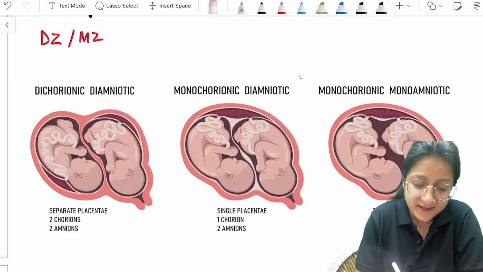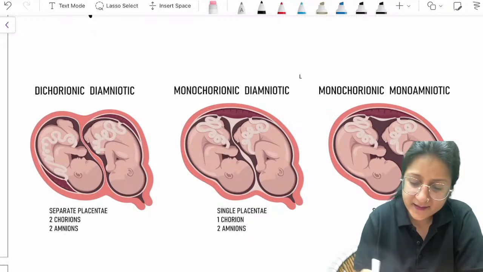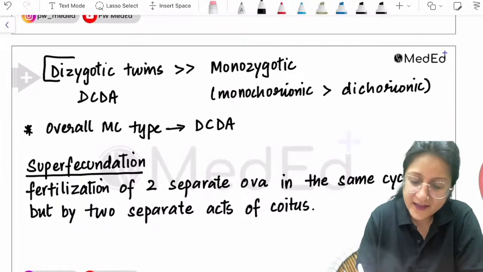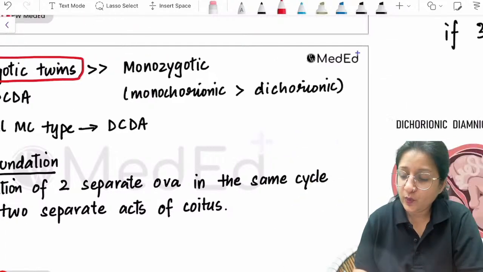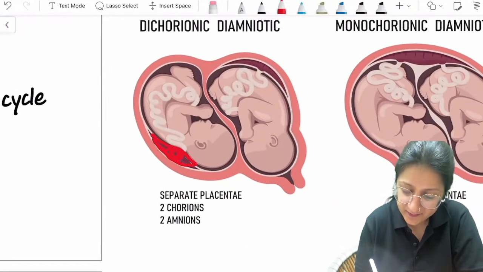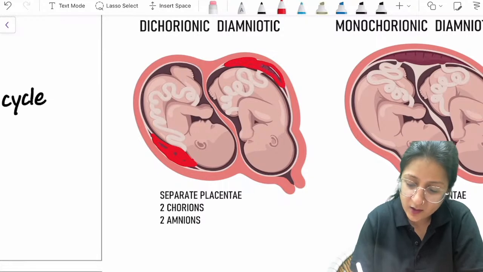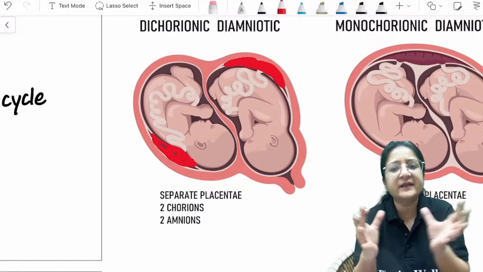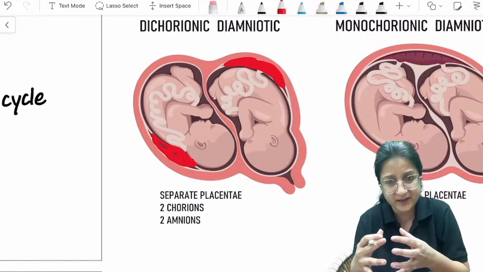Okay, so dizygotic twin pregnancy means that they were separate to begin with. Okay, there were two separate zygotes. So both these separate zygotes will have their own separate placenta, or they may have a single placenta, but they are separate. There is no connection between the placenta.